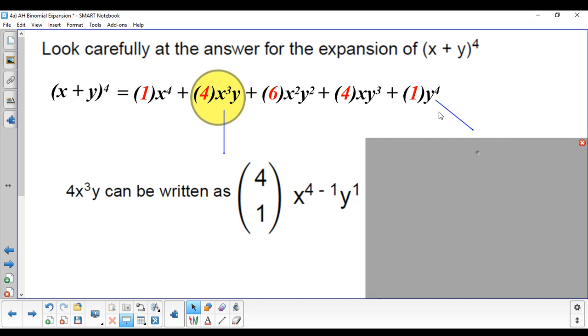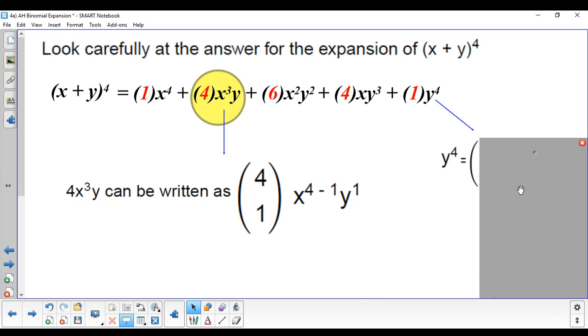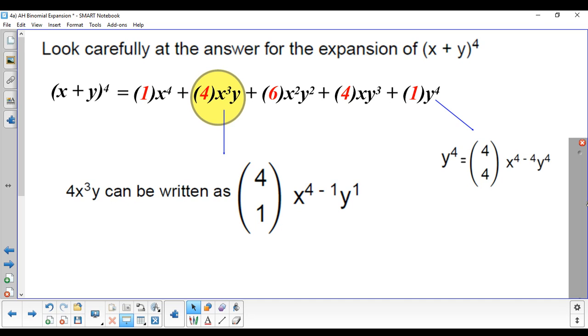So let's now go over here. There is no x there. It doesn't mean that x equals 0, because then it would disappear. It means it's x to the power of 0. So we know that is the term 4, 4. The binomial coefficient is 4, 4. And then how do you get rid of the x? It will be 4 take 4, so it becomes x to the 0, and the y is the 4. Look at this, 4, 1, 4, 1, 4, 4, 4, 4, and then the 1 and the 4.